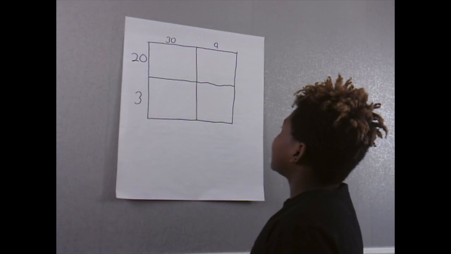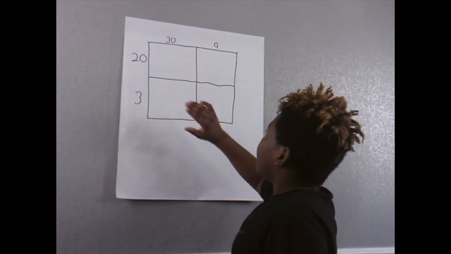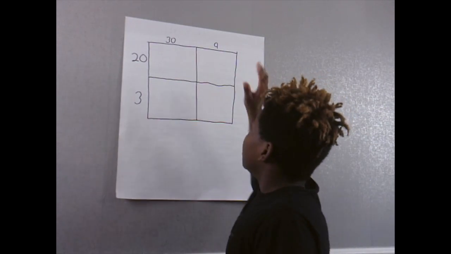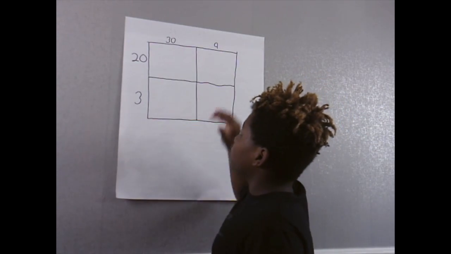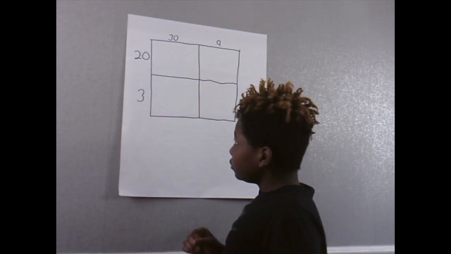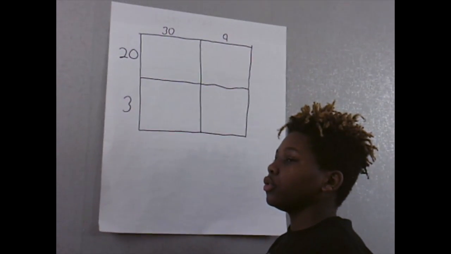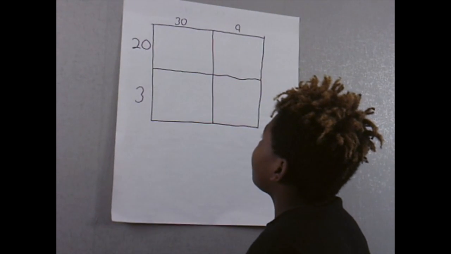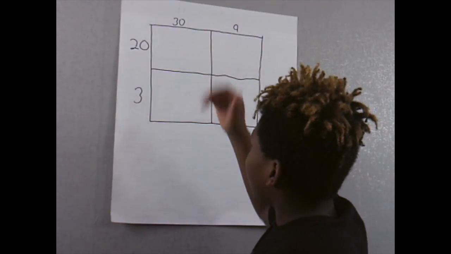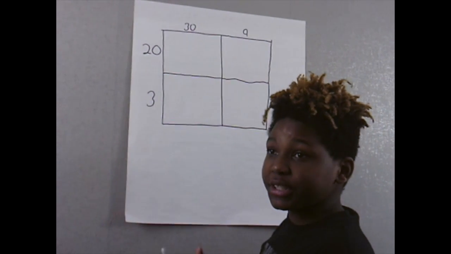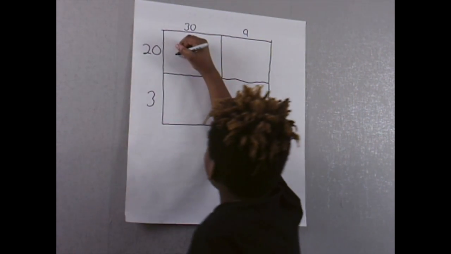Now, like I said, we decomposed our numbers into 30 and 9 and 20 and 3. So now we're going to multiply those. Let's start off with our 2 biggest numbers, 20 and 30. Something easy about multiplying numbers that are tens is that we know that 3 times 2 equals 6. So we will write our 6.